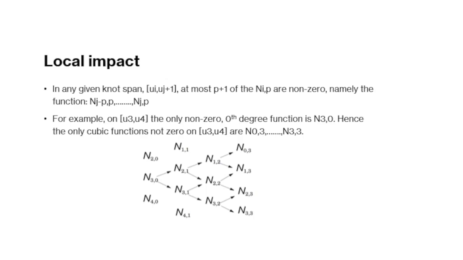So on any span in the range u_i to u_{i+1}, at most p plus 1 degree p basis functions are non-zero. For example, N_{i-p,p}, N_{i-p+1,p}, and so on. These are all non-zero basis functions. That is one property of the B-spline curve.